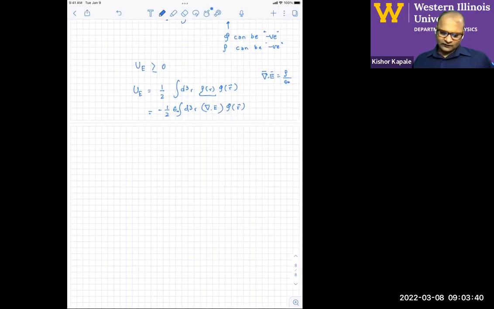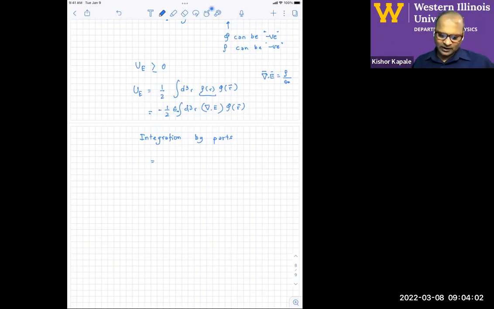Okay. And then what we do is integration by parts. And we assume, of course, the finite charge distribution. So the electric field and the electric potential at faraway points is 0. So the boundary term is gone.